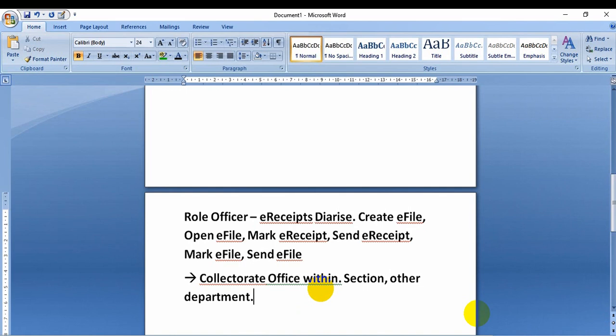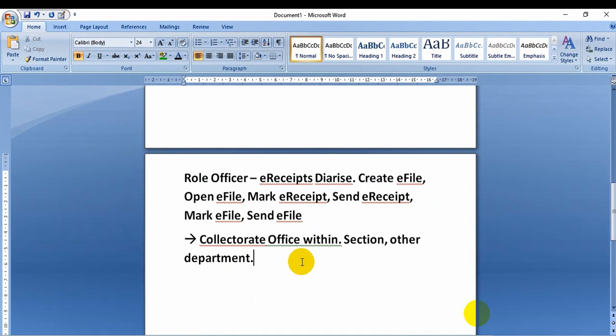So I've written other department, means those who are reporting to the district administration head, collector sir. Okay, so it is very clear. Now section can be anything: establishment, Nazarat, SW, and many others. Offices like agriculture, NIC, food, and many others. So officer can send even to them also.